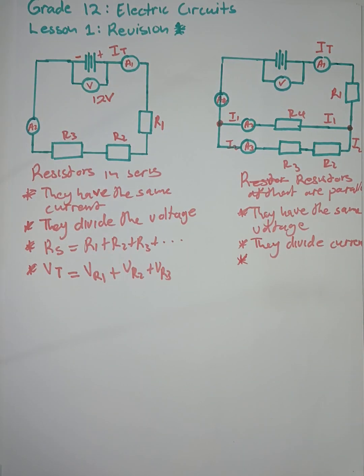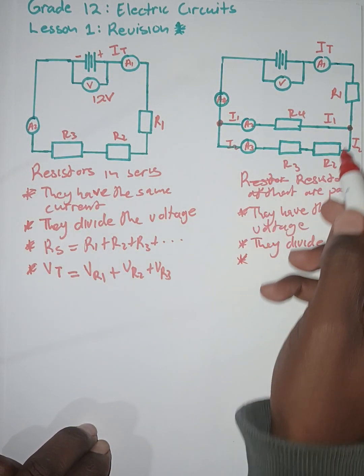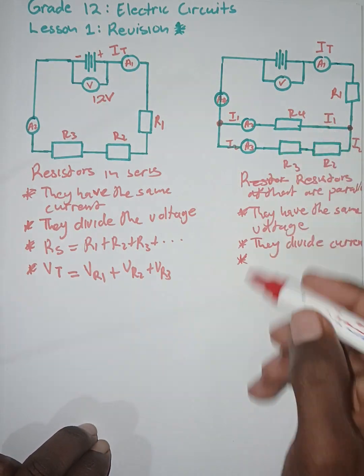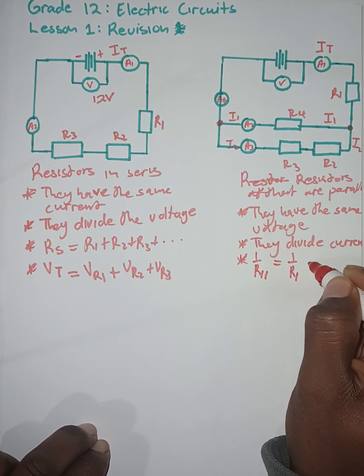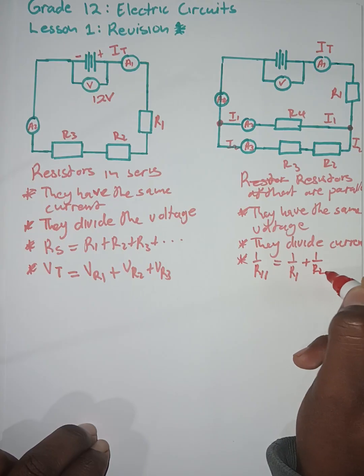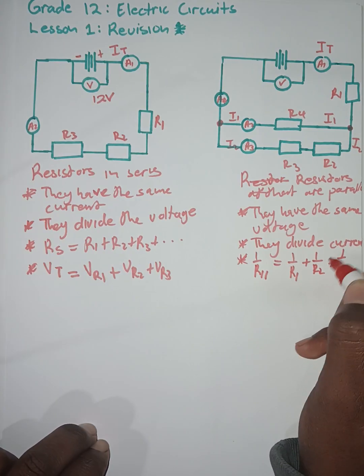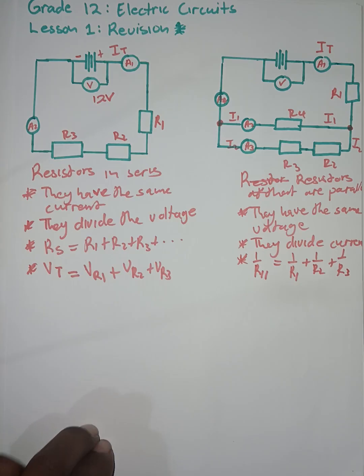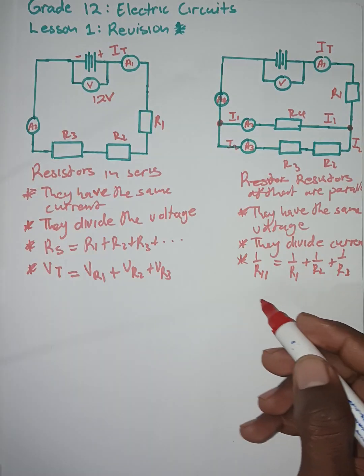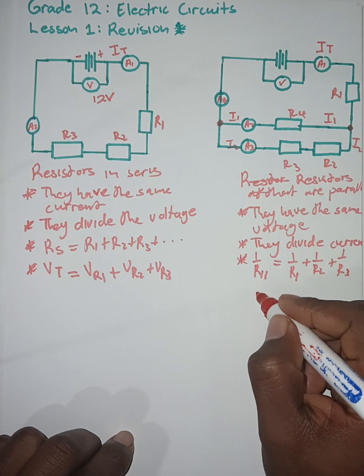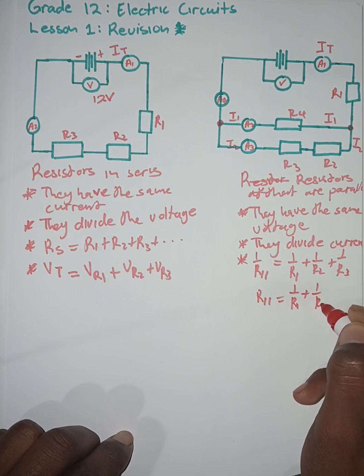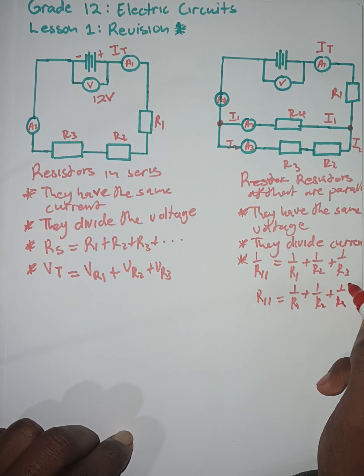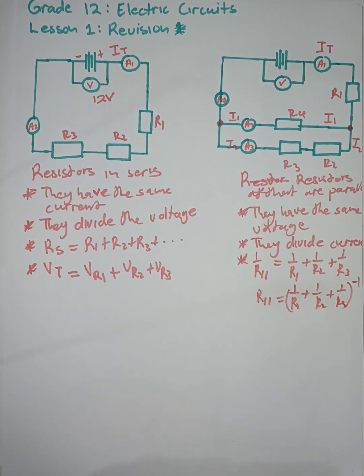The third thing that you must note is that when we calculate resistors that are parallel to one another, we use the formula 1 over R parallel equals 1 over R1 plus 1 over R2 plus 1 over R3, and so on and so forth. That's the formula that we use. Now I like to modify this formula. I change it to R parallel equals 1 over R1 plus 1 over R2 plus 1 over R3, and I just put a negative 1 up there, so it inverts it.